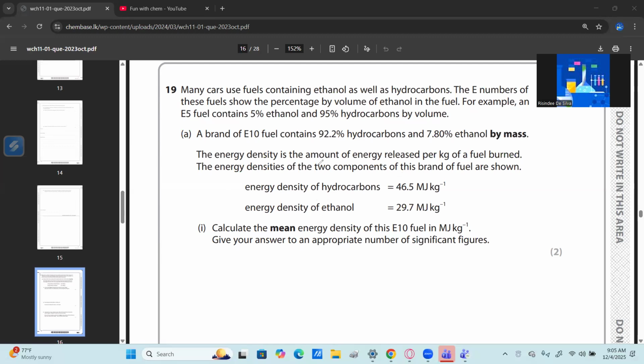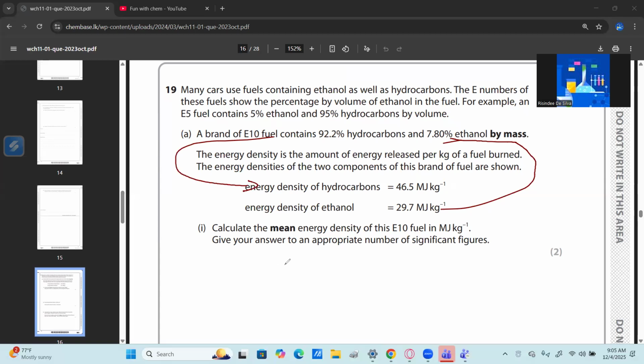So to find the mean energy, we know a brand of E10 was containing 92.2% hydrocarbons and 7.8% ethanol by mass. For ethanol, they have given the energy density for the 7.8 part, which is 29.7 megajoules per kilogram, and for hydrocarbons it is given as 46.5 megajoules per kilogram.